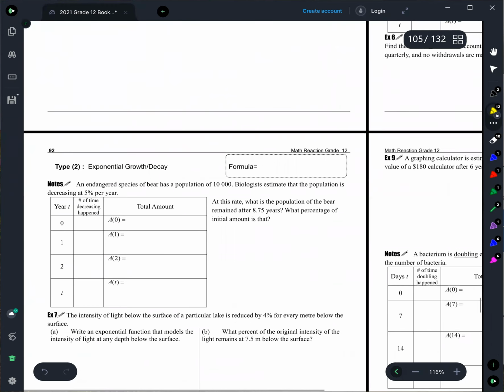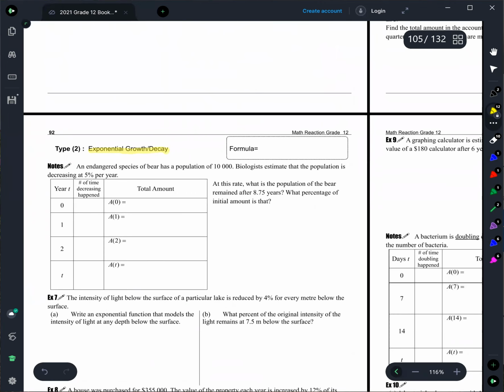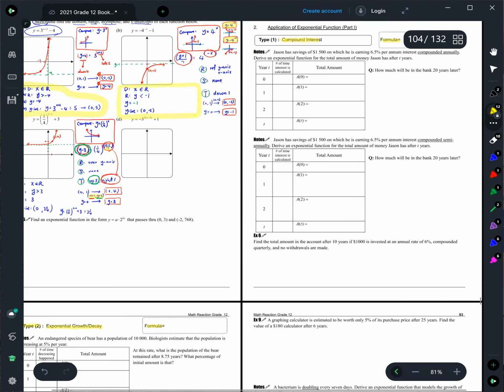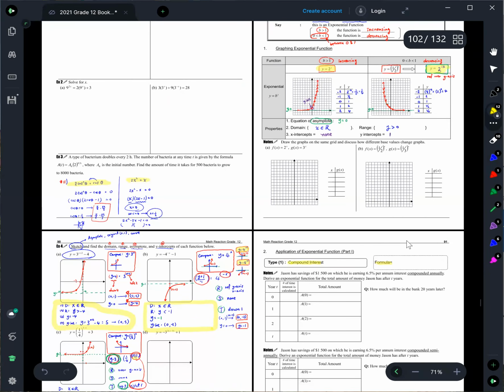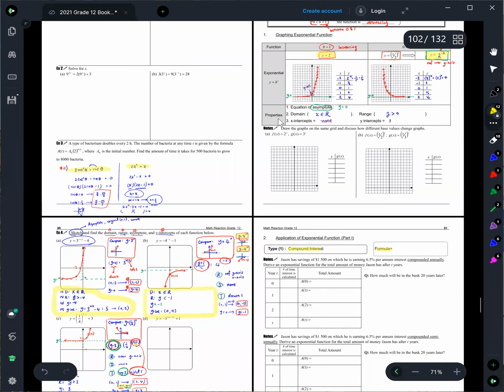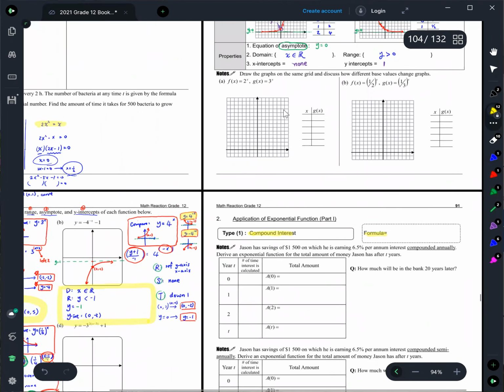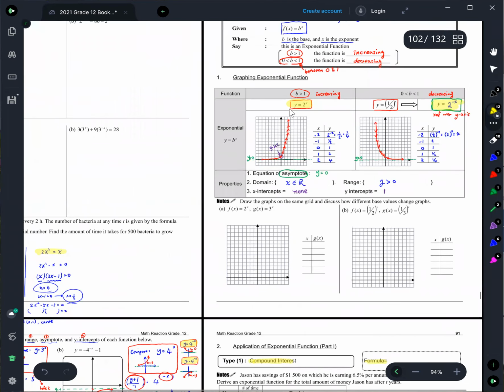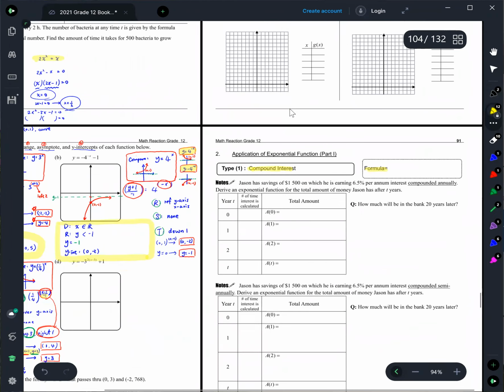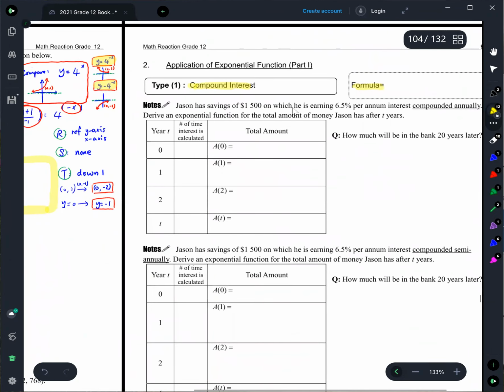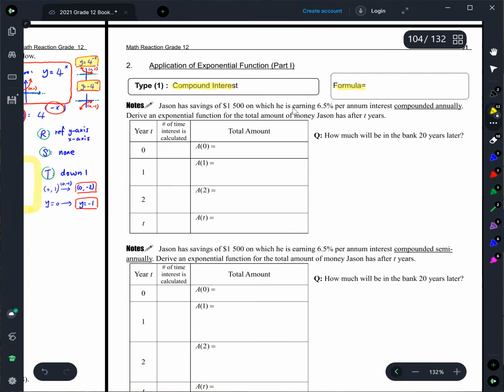Anything that grows or decays, decreases over time exponentially, that's type 2. We also have a formula for that. So why do we put compound interest here? Because everything we've done here has to do with exponents.